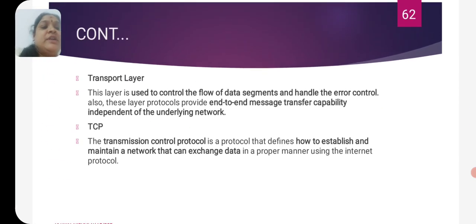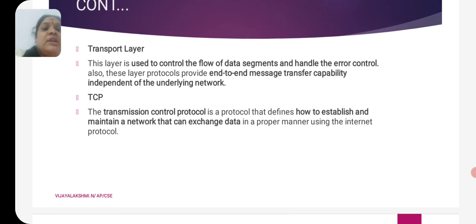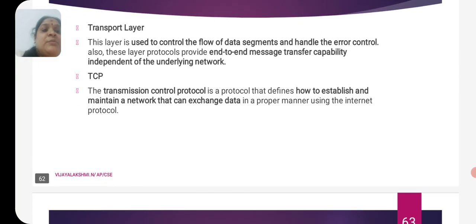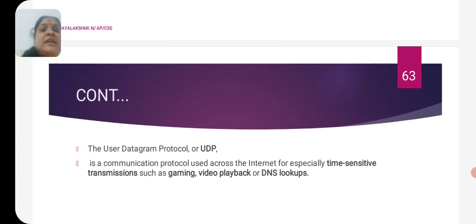The next is the transport layer. This layer is used to control the flow of data segments and handle error control also, and these layer protocols provide end-to-end message transfer capability independent of the underlying network. The next is TCP, Transmission Control Protocol. It is nothing but how we can establish a connection between devices to exchange the data in a proper manner using the internet protocol.